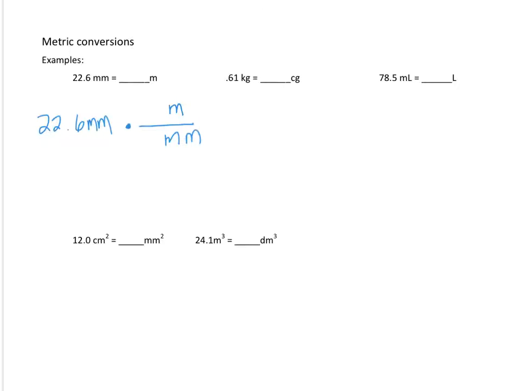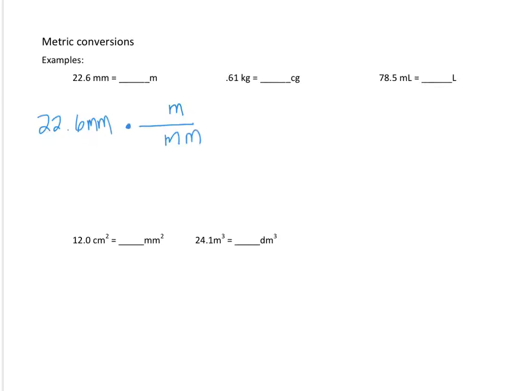Then you look at what numbers to put. So we want to compare between meters and millimeters. You go back to the table of the metric prefixes that we have. What I always do, because sometimes it's times 10 to the positive 2 or 10 to the negative 2, and people get confused whether you put a positive or a negative, is find the unit that's bigger and put a 1 next to it.